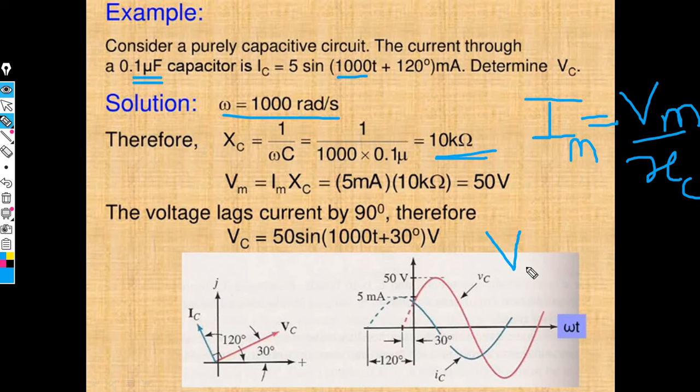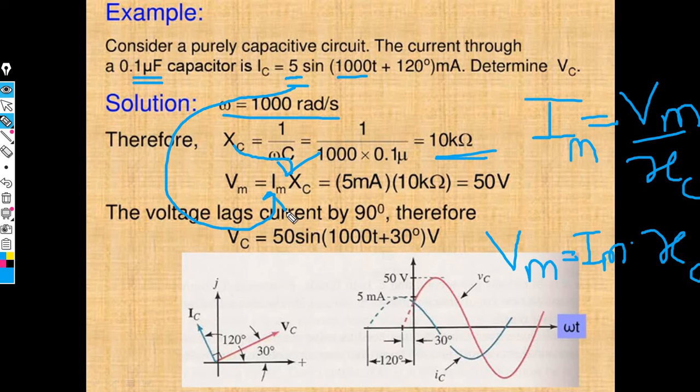Then rearrange the equation: Vm is equal to Im into Xc. Then Im is 5 and Xc is 100, so the maximum voltage obtained is 50.